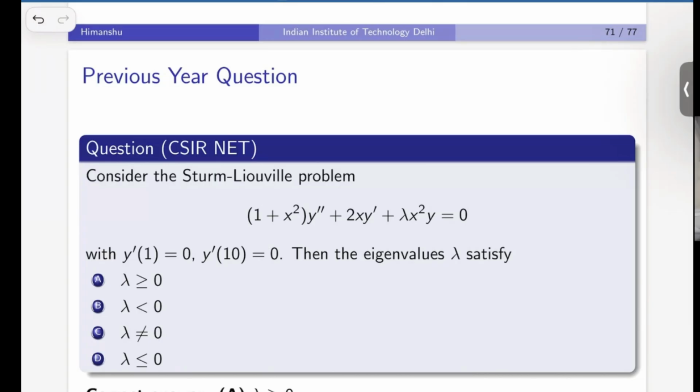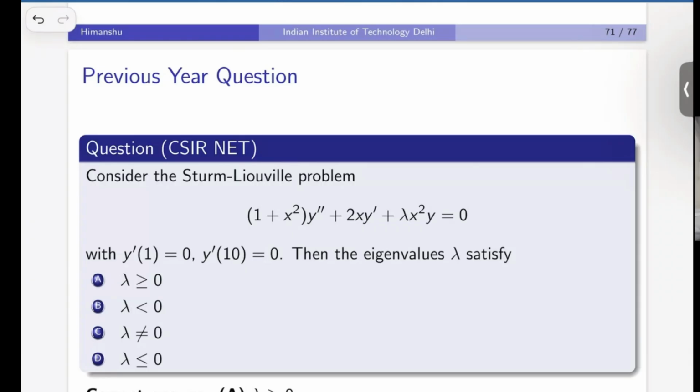Now the options are lambda greater than or equal to 0, lambda less than 0, lambda not equal to 0, and lambda less than or equal to 0. So we are talking about eigenvalues here. Again, this question is based on the properties that we have discussed.